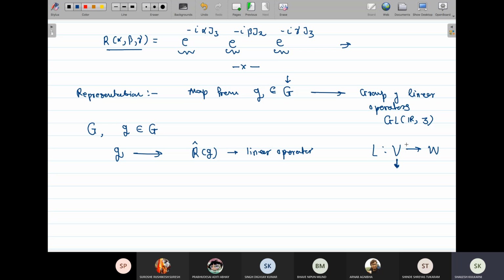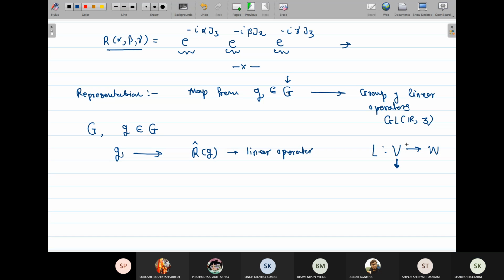That is, in a nutshell, what a representation is. It is a map from a given group to a group of linear operators, and those linear operators act on a certain vector space.